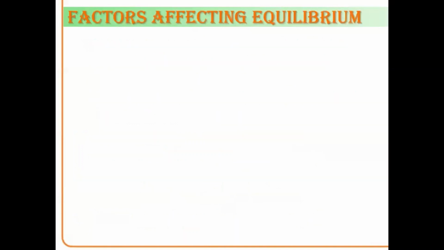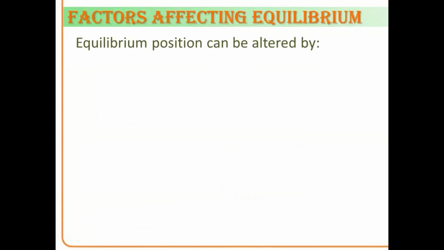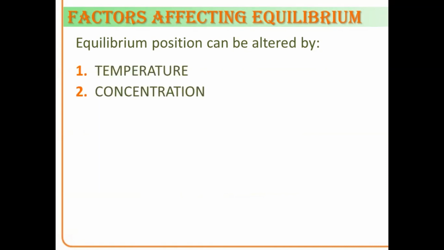Now, let's look at the factors that affect a system at equilibrium. We have three factors that can be used to alter the position of equilibrium, that is, to affect the equilibrium position. We have temperature, concentration, and pressure.